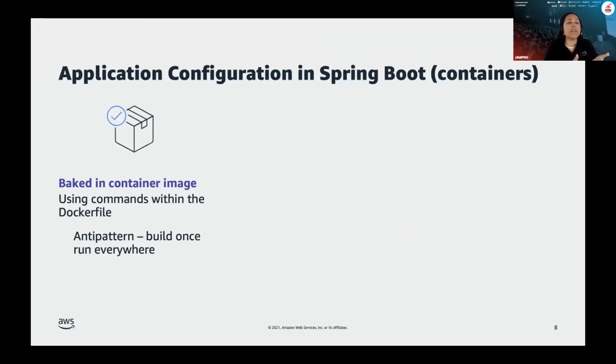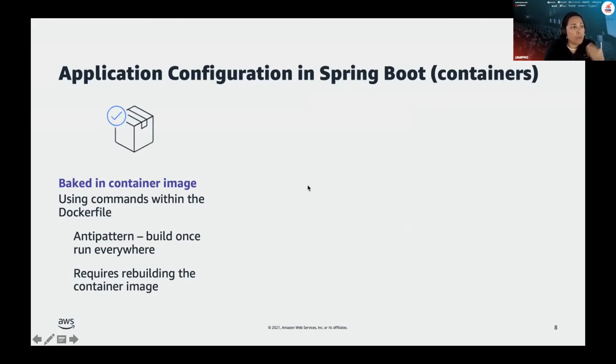In principle, containers should be immutable. And once a container image is built, it should be tested and promoted across environments without changes. So we shouldn't need to make changes to our container every time we want to change things such as configuration.